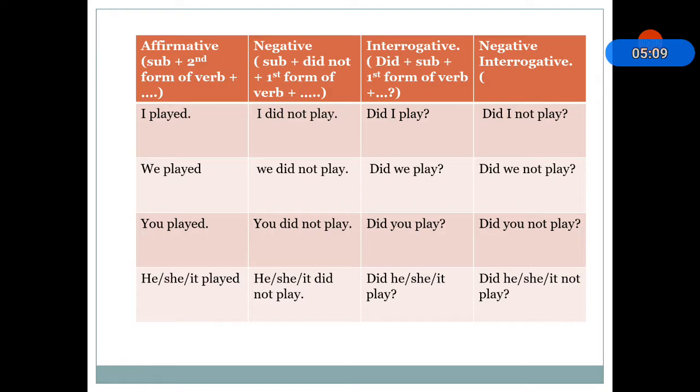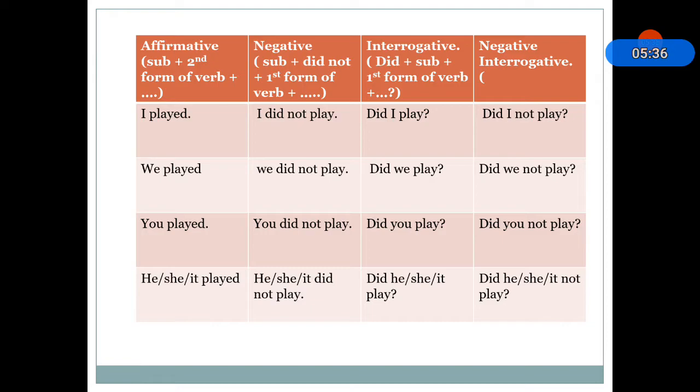Did plus subject plus first form of verb plus the object. Example, did I play? Now the negative interrogative, the rule is did plus subject plus not plus first form of verb plus the object and the question mark. Example, did I not play?